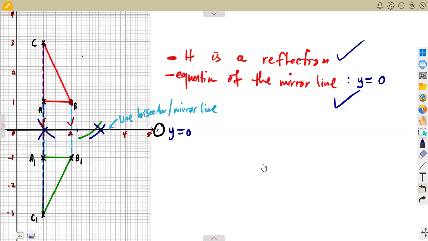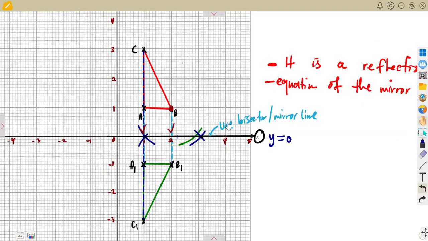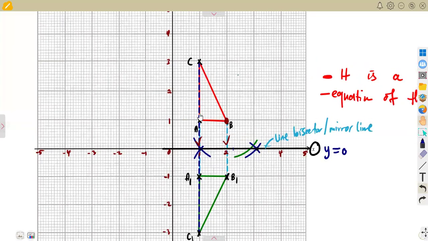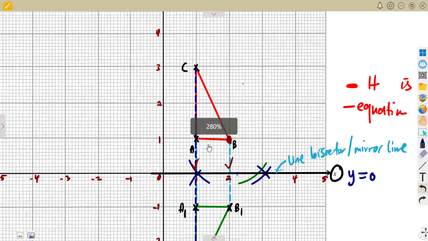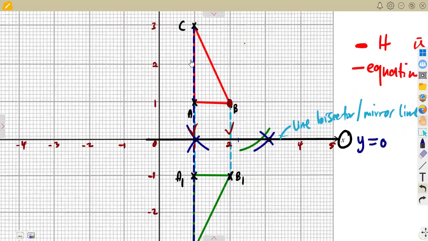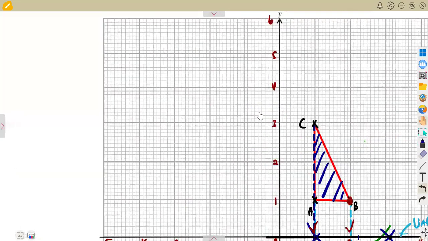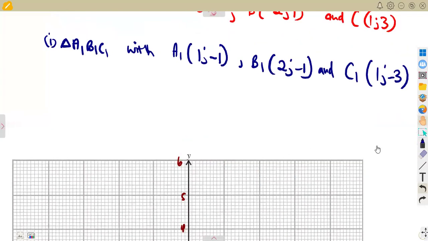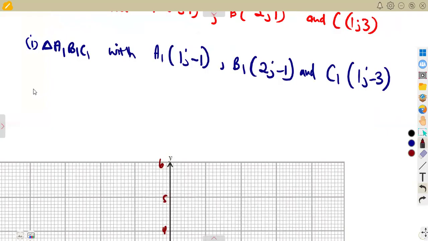All right, let us have another question. Let us have another triangle. I want us to use the same object, ABC. This time we are going to use the other image. So let's have triangle A2, B2, C2 with the vertices.